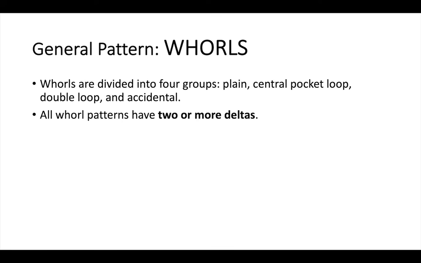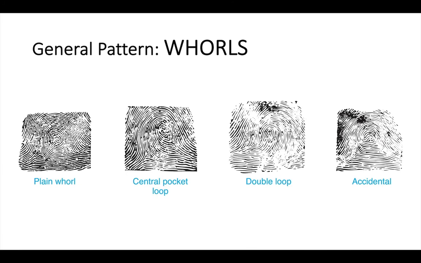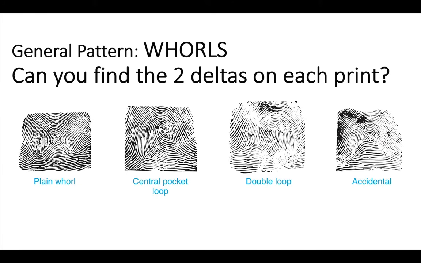You have at least 2 deltas with all whorls. So again, loops have 1 delta, arches have 0 deltas, and whorls have at least 2 deltas.